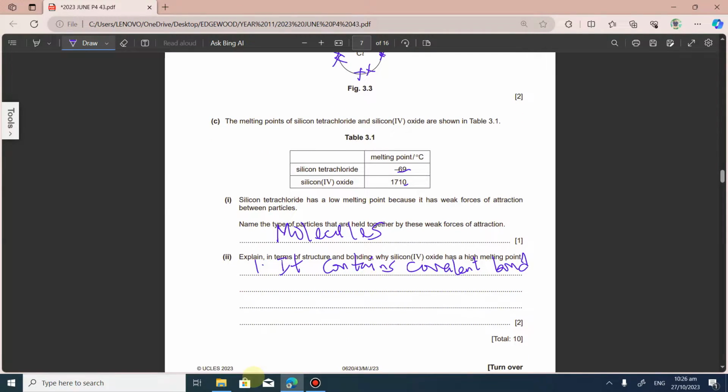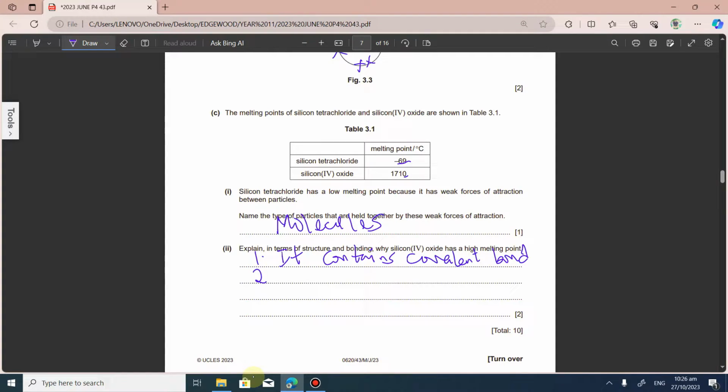But the covalent bond in silicon 4 oxide is a strong covalent bond. So it's a strong covalent bond, or we say it's a giant covalent structure. That is the difference between the silicon 4 oxide and the silicon tetrachloride. It is a strong giant covalent structure.